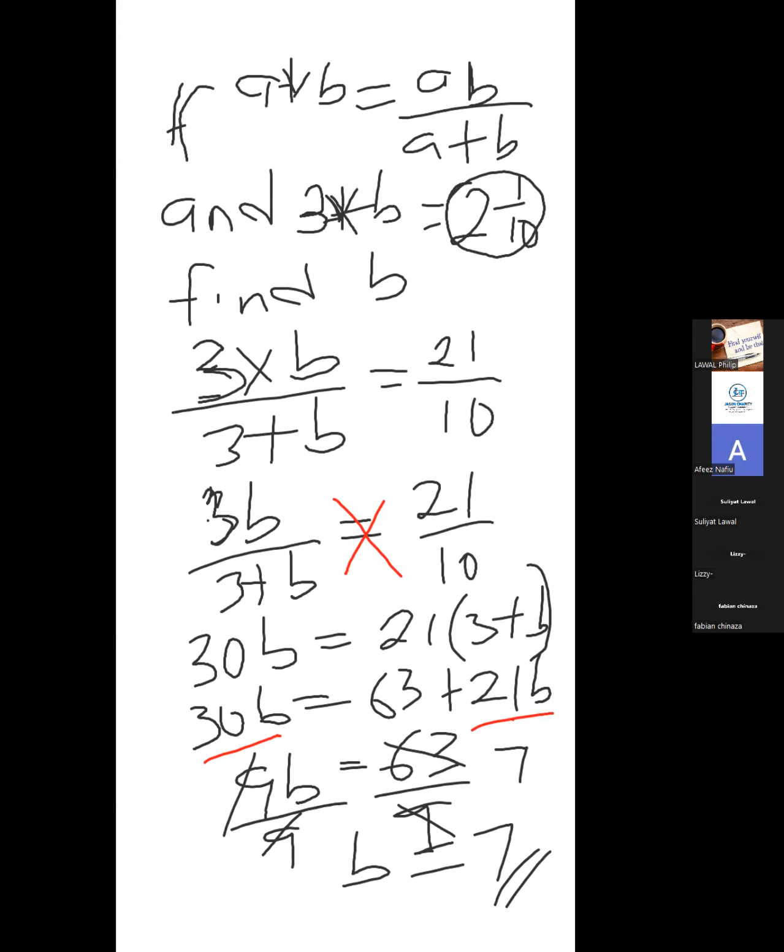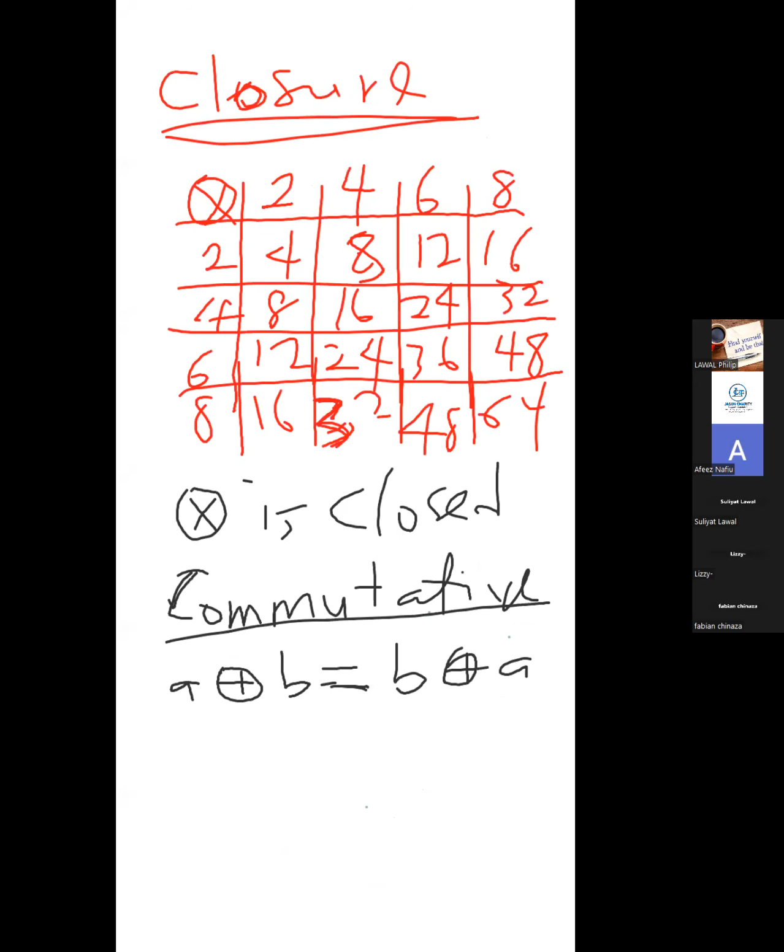So you still get the same result when you interchange, and that is what this condition of the commutative property is addressing. When you interchange your values and you get the same answer, then you can conclude that this is a commutative property.